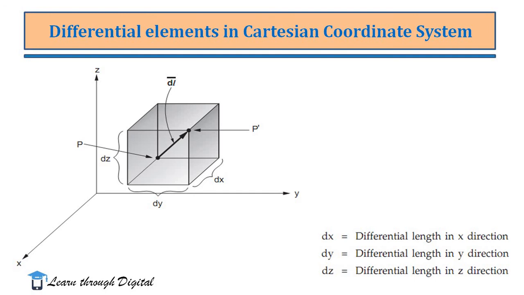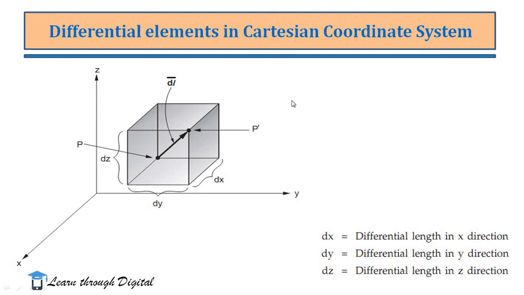Next we are going to talk about differential elements in the Cartesian coordinate system. Consider a point P (x, y, z) in the rectangular coordinate system. Let us increase each coordinate by a differential amount.